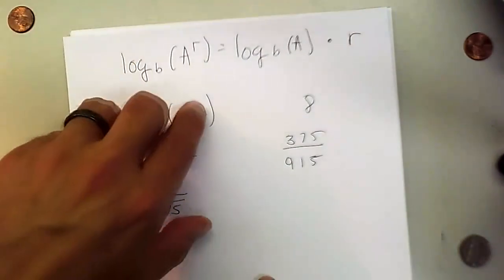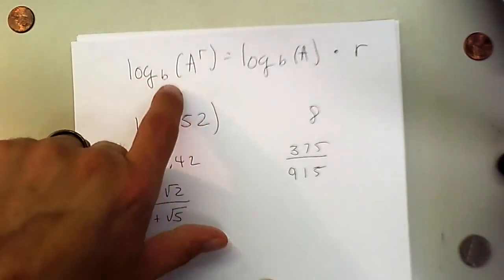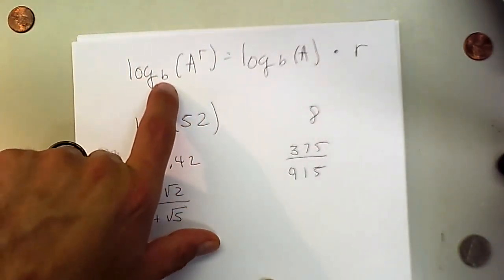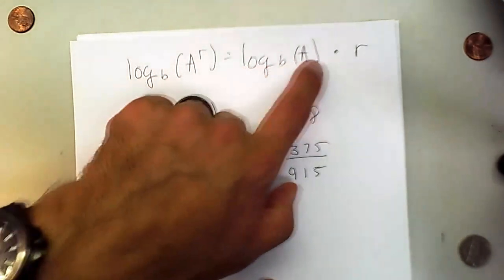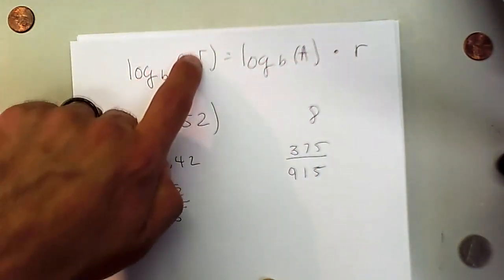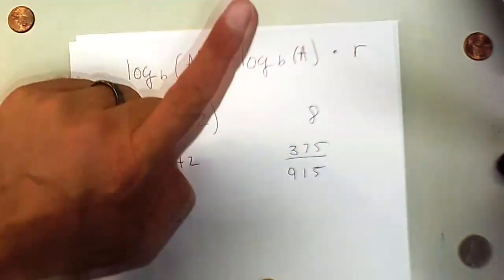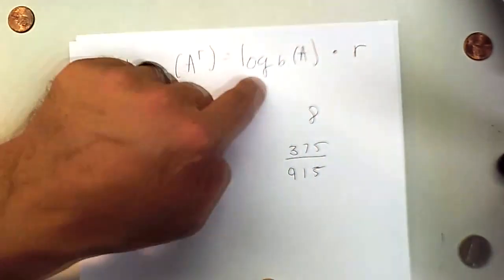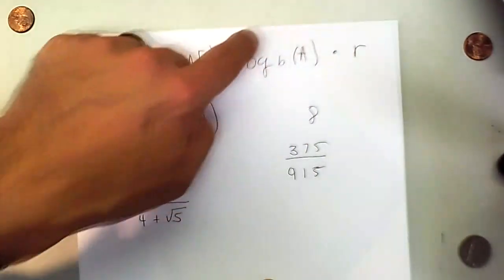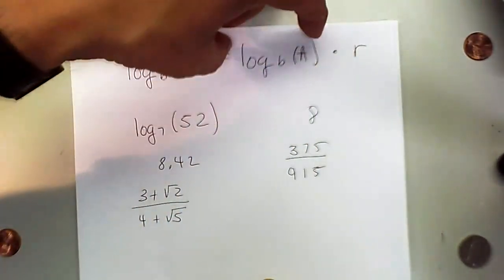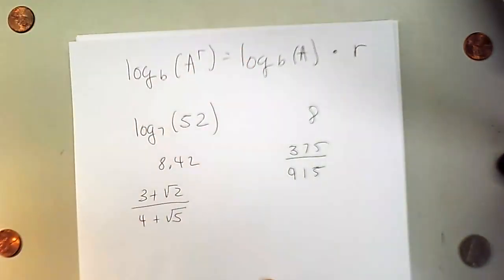The reason why I'm bringing that up with this particular property is because what we are doing is changing this exponent into a product. We're multiplying r with this one single number that we should not be afraid of or be intimidated by. This is just a number, nothing else.